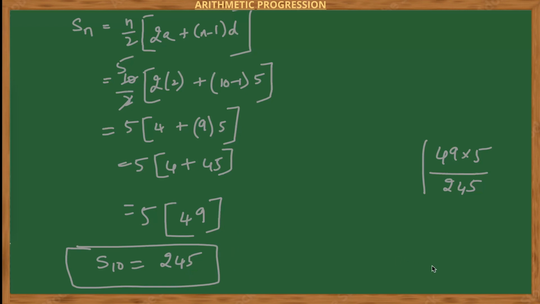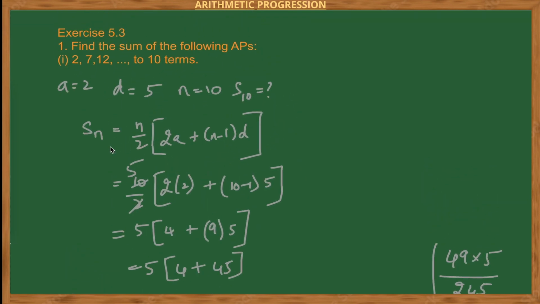Let's move to the next question, students. Hope this is clear. Since we started with the sum of the n terms, this is the formula which we can use. Let me repeat it. Sn is equal to n by 2 into whole bracket 2a plus n minus 1 into d.